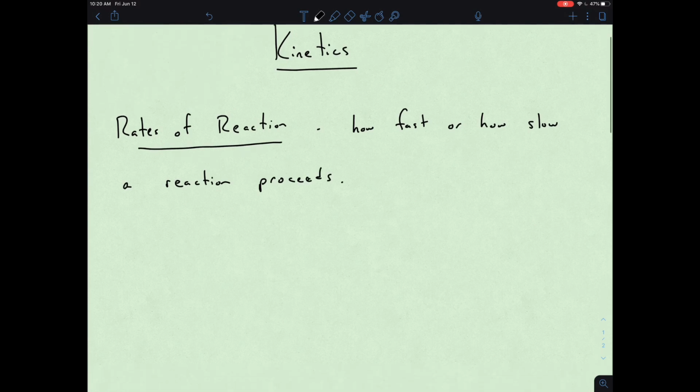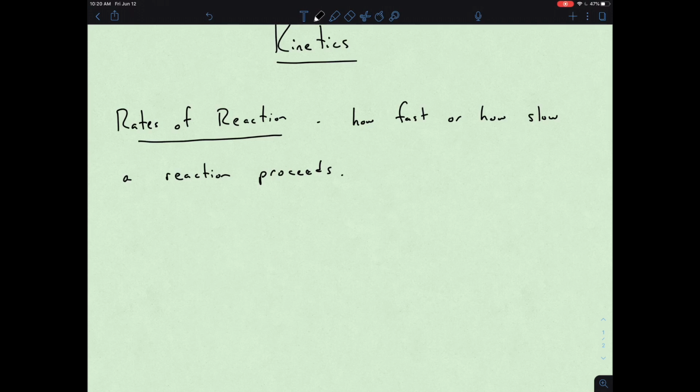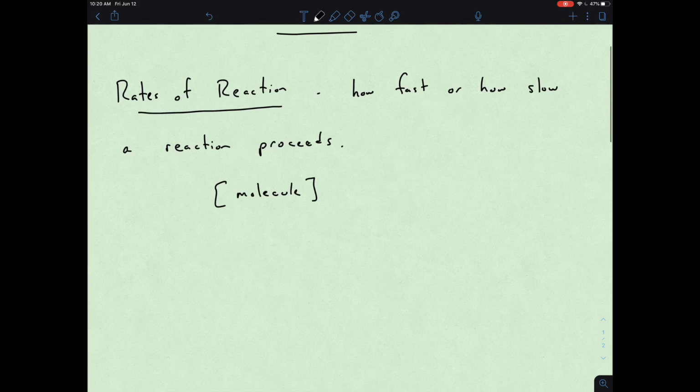So we have some kind of new notation to look at. We're going to see a lot of this idea of brackets and a molecule within the brackets. The brackets actually mean something specific, where it means that we're talking about a concentration.